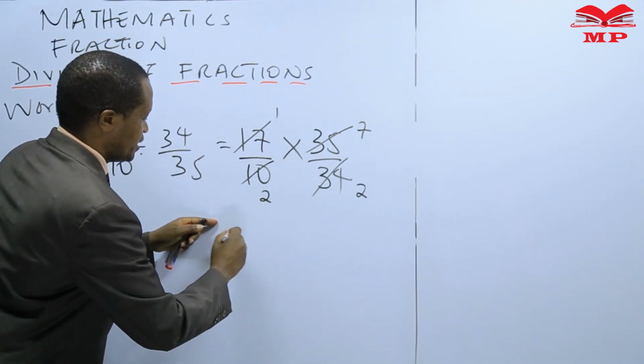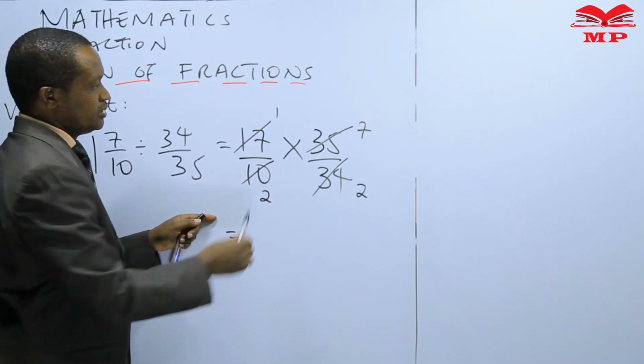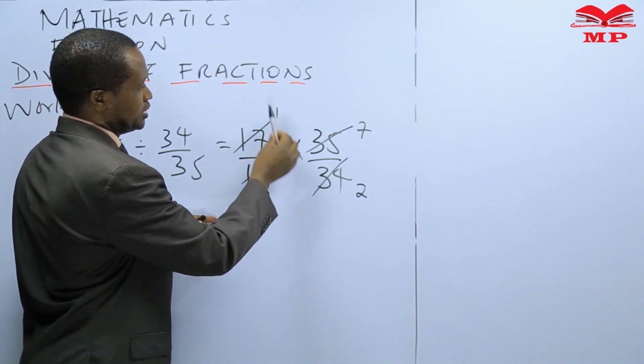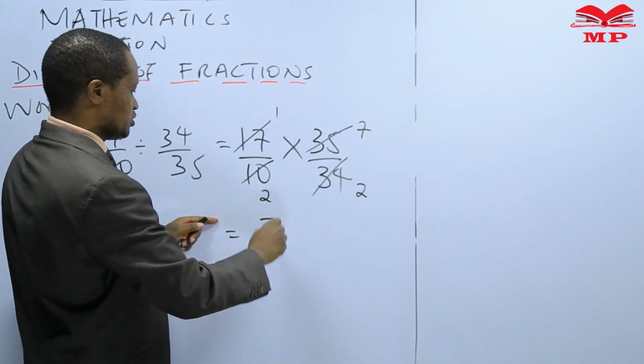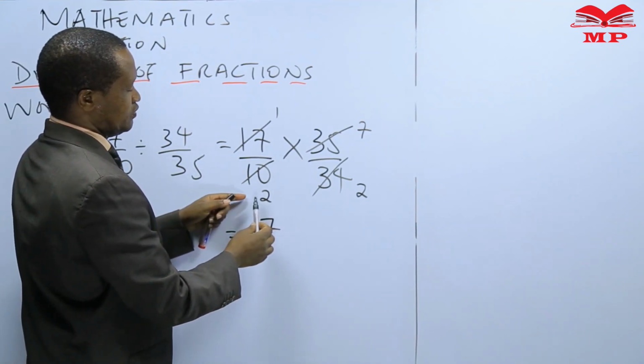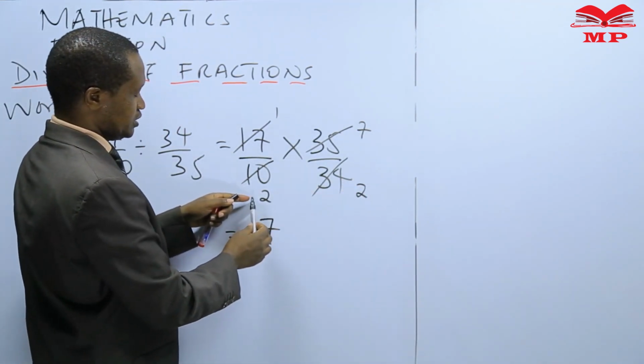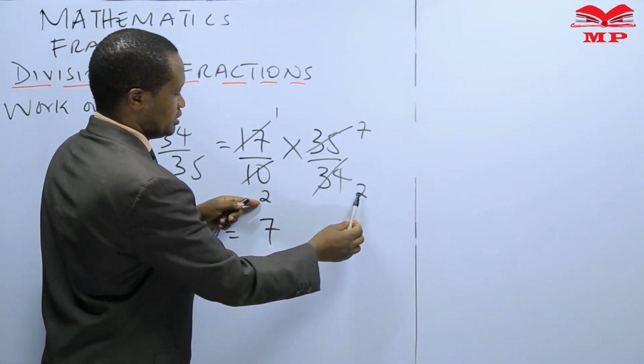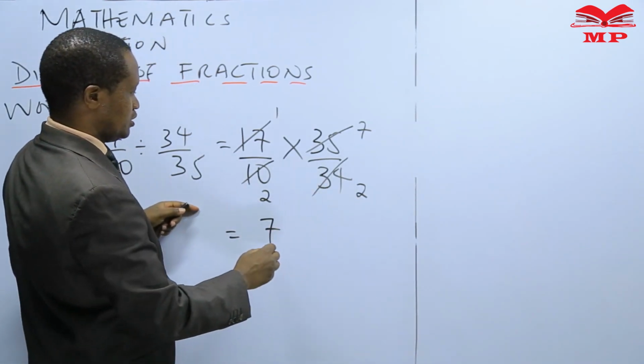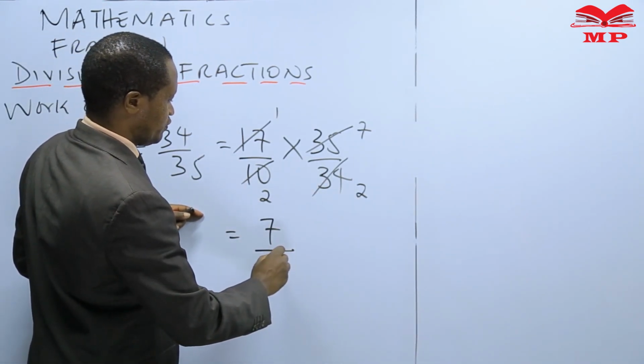Then we multiply the numerators. 1 times 7 is equal to 7 over, we multiply the denominators, which is 2 times 2 is equal to 4.